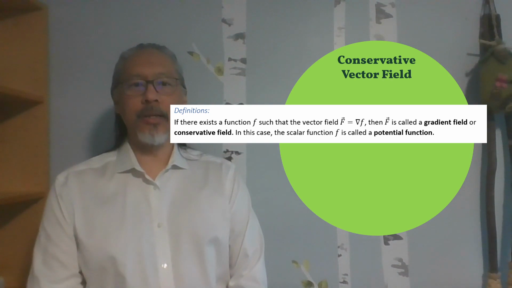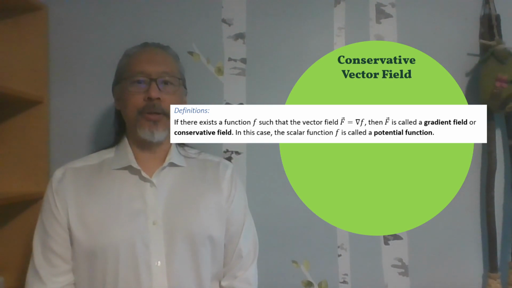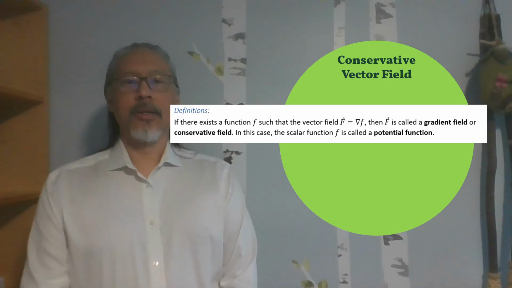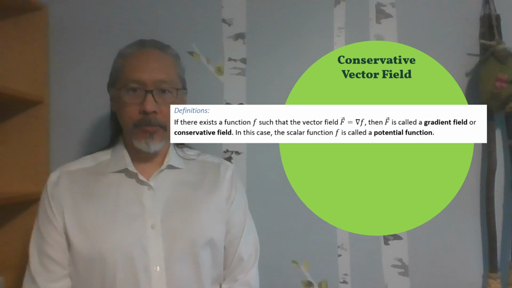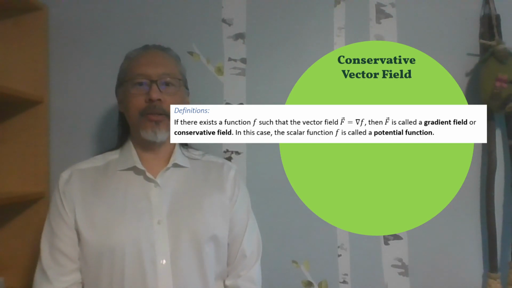So basically the gradient is a vector output. Now that can be represented as a vector field, and that particular vector field is a special type of field called a gradient field. It's also called a conservative field.